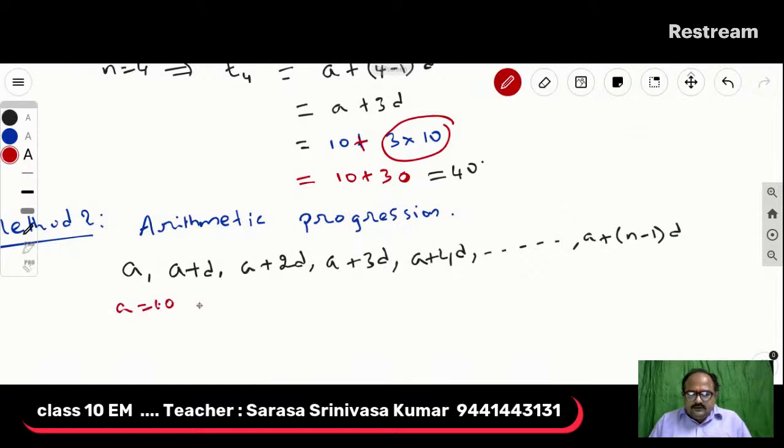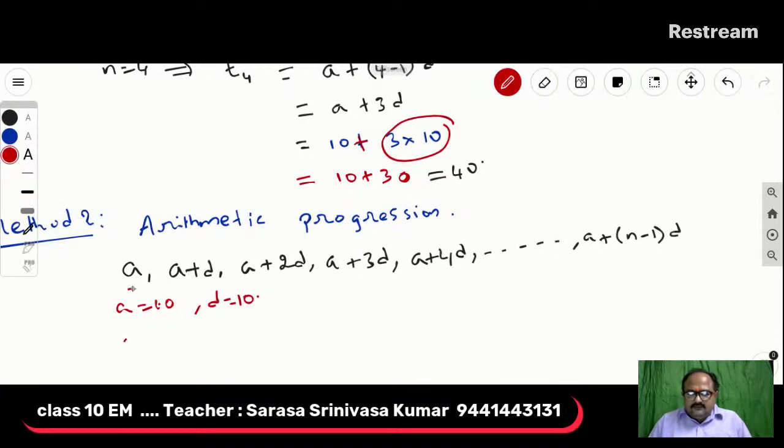So we can simply write, given A equal to 10 and D equal to 10, 10, next 10 plus 10, which is equal to 20. We get T2 equal to 10 plus 10, because we have A plus D. These two are not different.